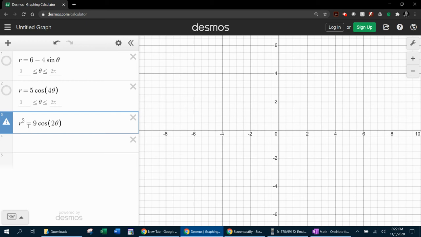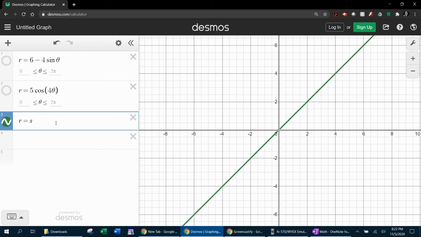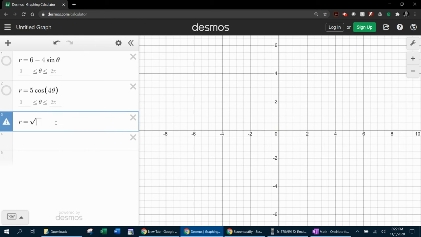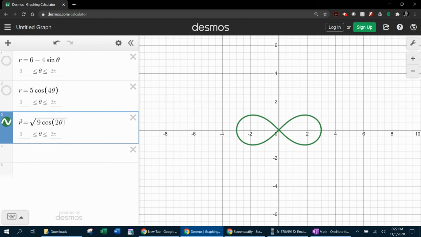Well, to get rid of a squared, you have to take the square root of both sides. So what if I square root that? There we go. Square root of 9 cosine of 2 theta. Aha. So it didn't like the r squared, but if I take the square root of both sides, I'm going to get my lemniscate.